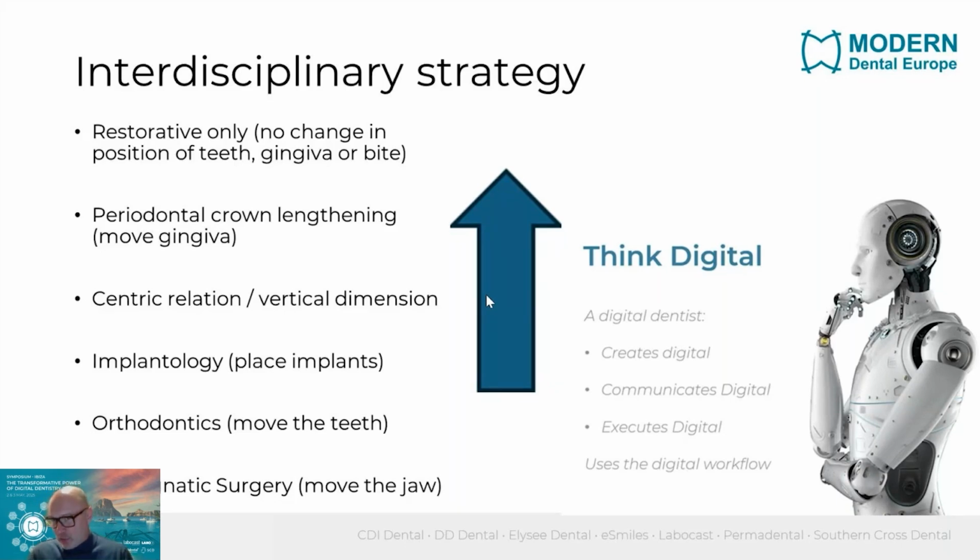So we always create digitally. That's the first step, with our scanners, with our face scanners. Then we also communicate digitally, because the smile design offers us the possibility to do this.